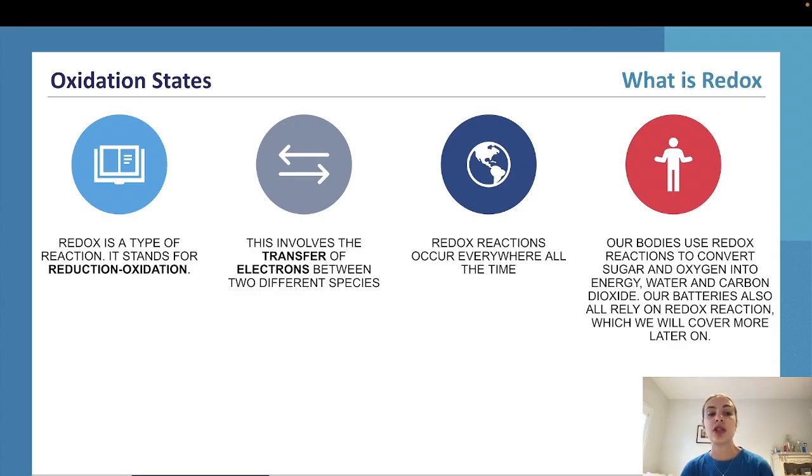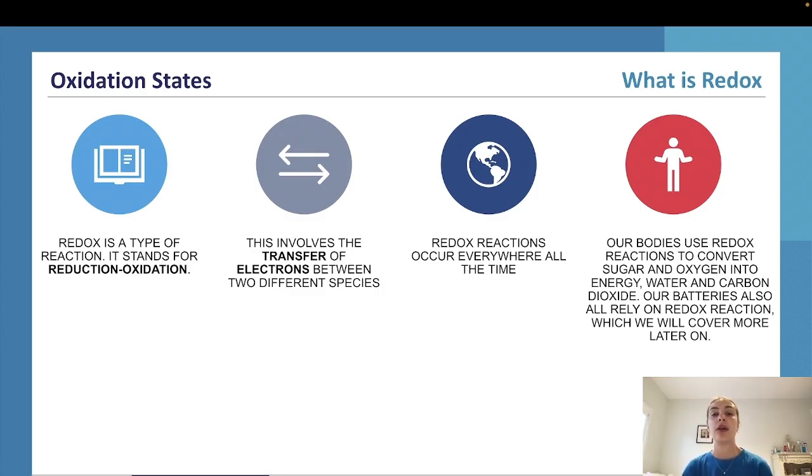Essentially, the word redox comes from reduction, oxidation: the first 3 letters of reduction, the first 2 letters of oxidation. A redox reaction is a reaction which involves a transfer of electrons between 2 different species, like 2 different molecules, 2 different elements, 2 different atoms.